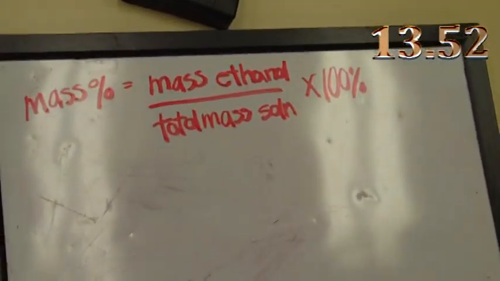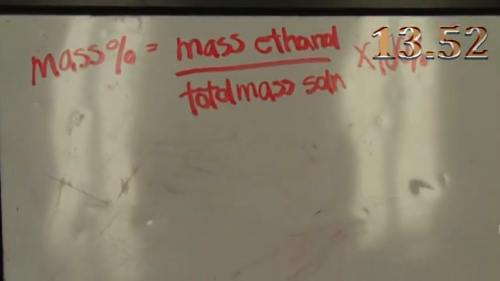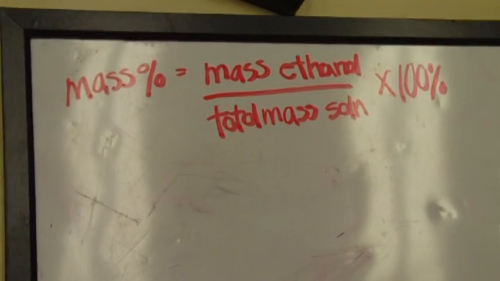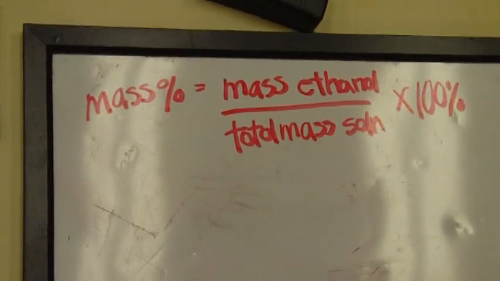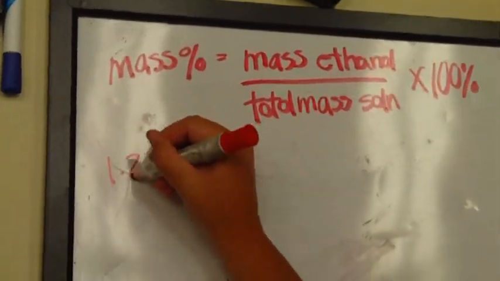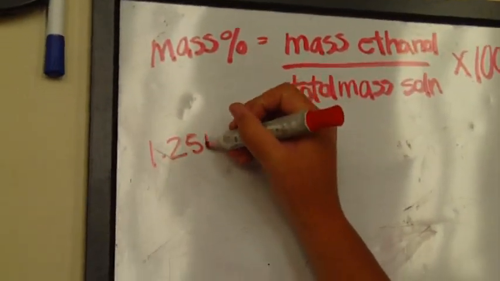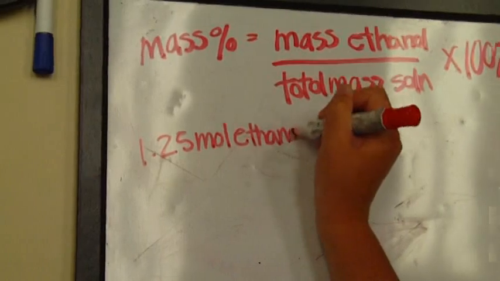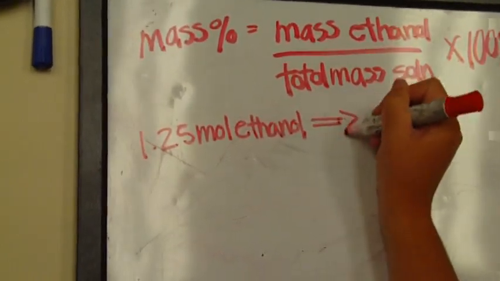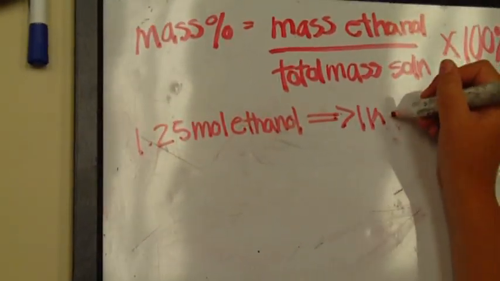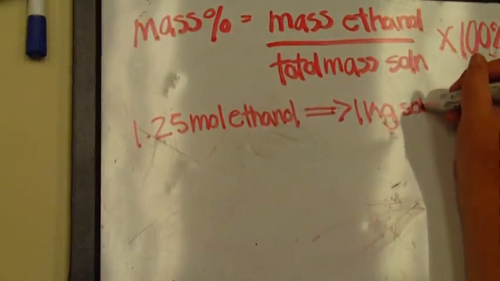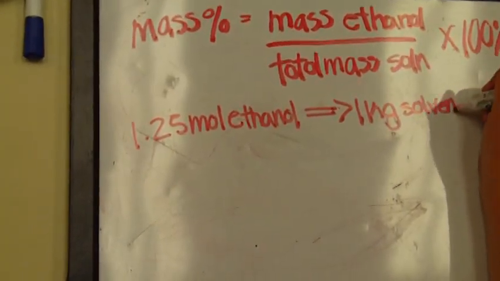Okay, so here we go. If we choose a solution that contains 1.25 moles of ethanol, then we know that 1 kilogram will be the mass of the solvent. So 1.25 mole of ethanol is going to give us 1 kilogram of solvent, and we know this because of the molality given.